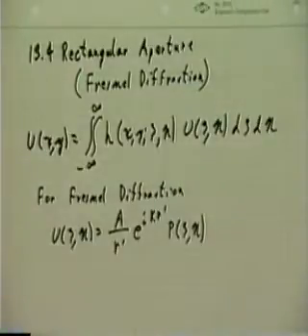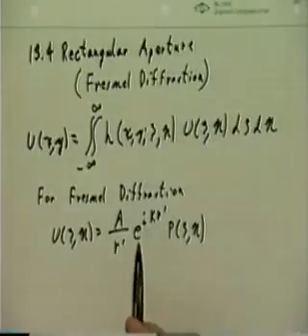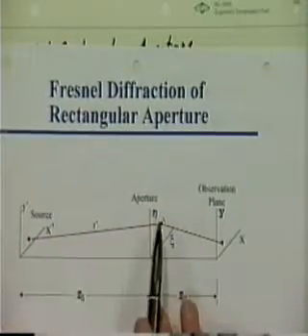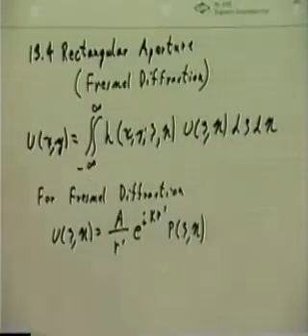Later p is going to become a rectangle. So that's our equation that we have to solve. And I guess r prime, we can write down what r prime is here if we want to.